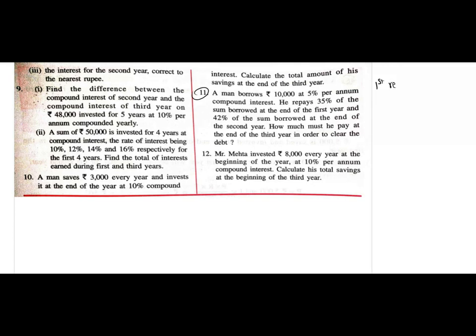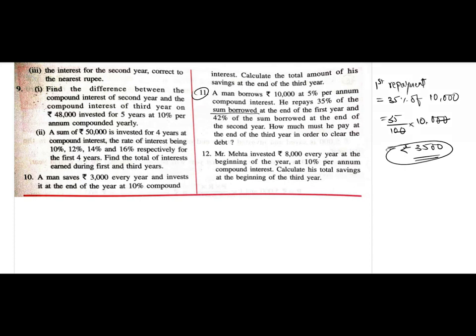First repayment is equal to 35% of the sum borrowed. What is the sum borrowed? 10,000. So you need to find 35% of 10,000, which is rupees 3,500. So this is the first repayment amount.